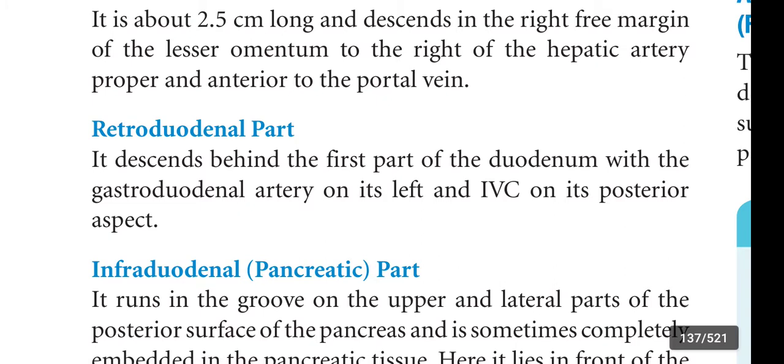Next, retroduodenal part. It descends behind the first part of the duodenum, so we call this the retroduodenal part. It descends behind the first part of duodenum with the gastroduodenal artery on its left and inferior vena cava on its posterior aspect.